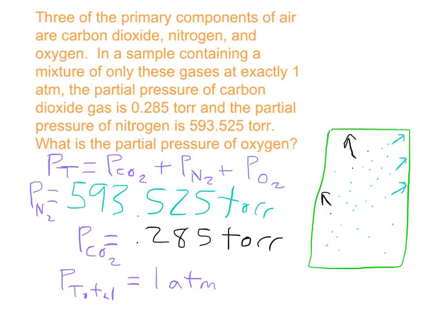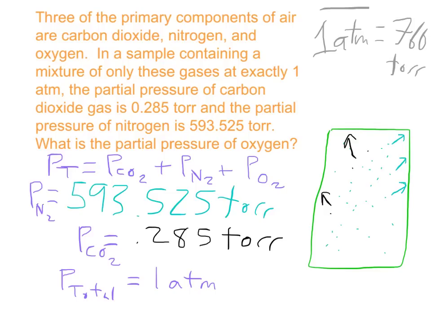So let's change the atmosphere unit to torr. In order to change the atmospheres to torr, you have to first realize that the conversion rate is that 1 atmosphere is equal to 760 torr.